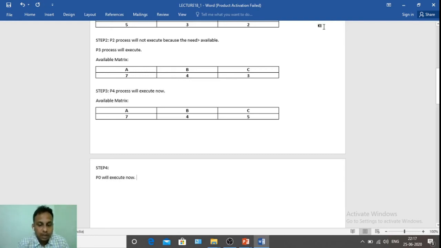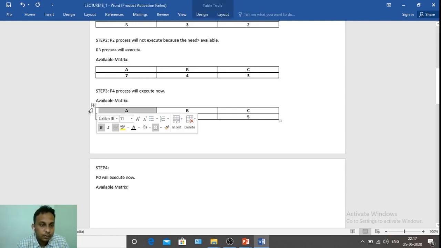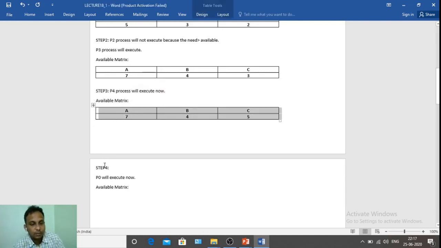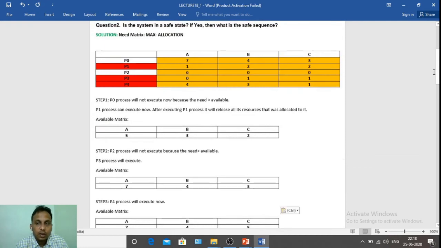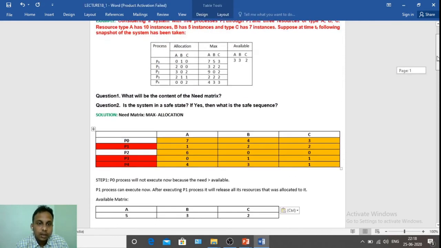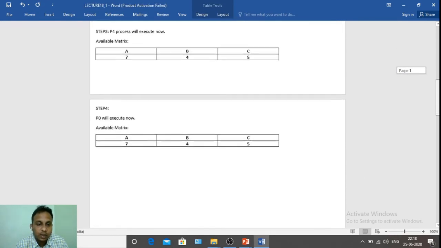So the available matrix will be: we add all the resources that P0 holds, that are 010.